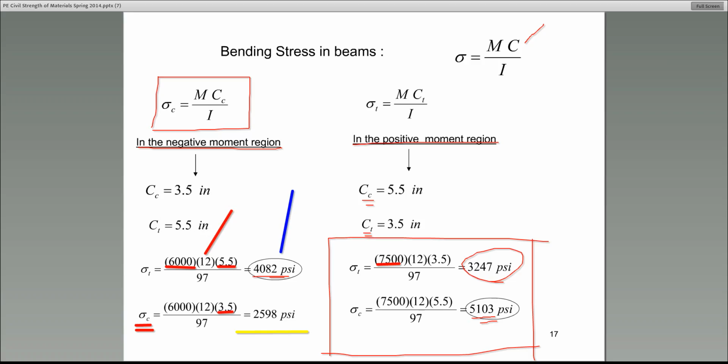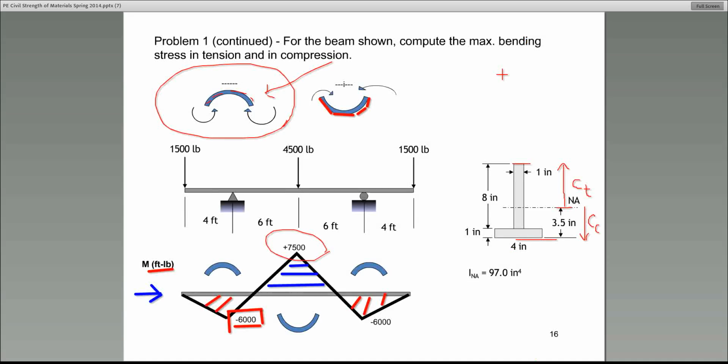So, do you always need to do a double analysis for these problems? The answer is no. I'm going to go back to the slide before, and I want to explain something to you. This is extremely important for the test. If you get a problem like this, think about the following analysis.